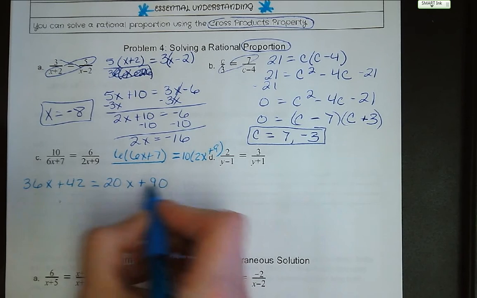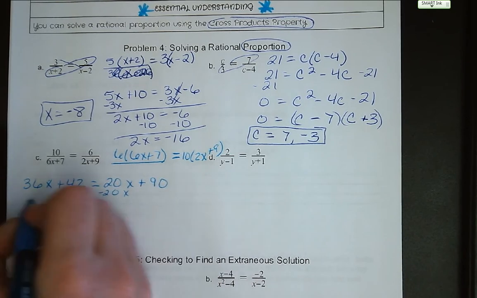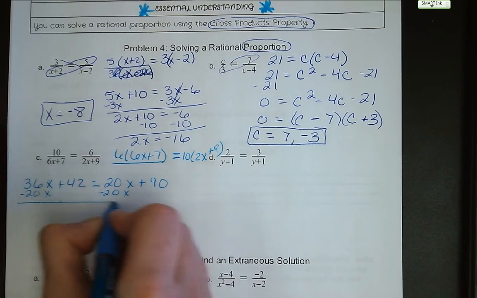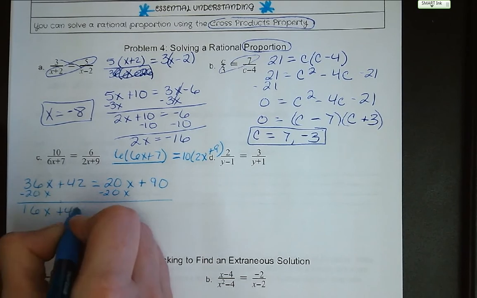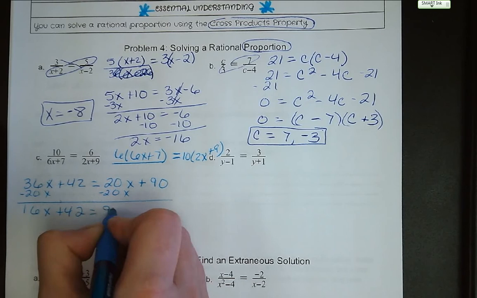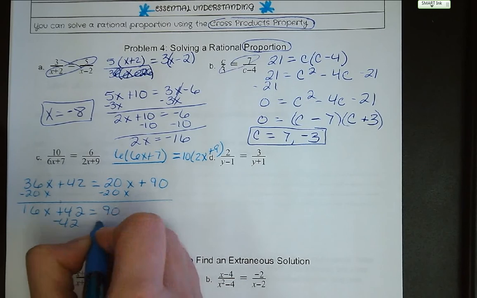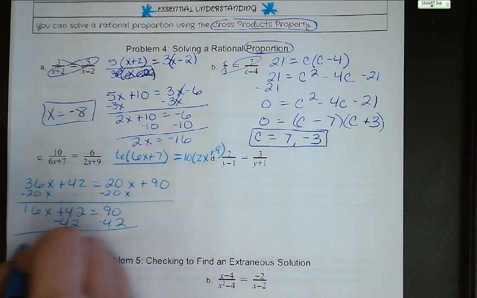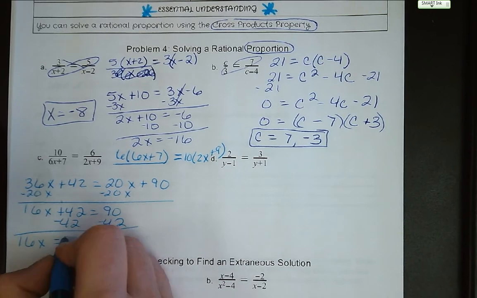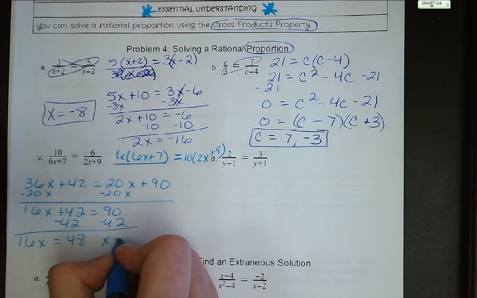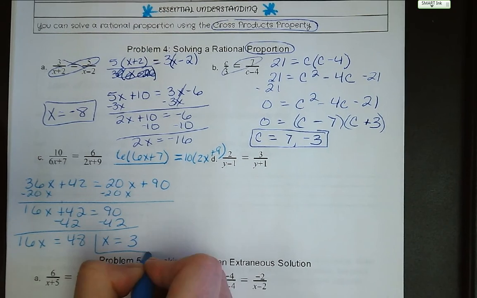So we're going to subtract 20x from both sides of our equation. We're left with 16x plus 42 equals 90. Subtract 42 from both sides. 16x equals 48. Divide by 16, x equals 3.